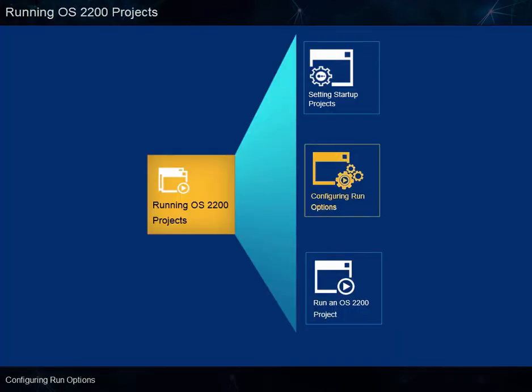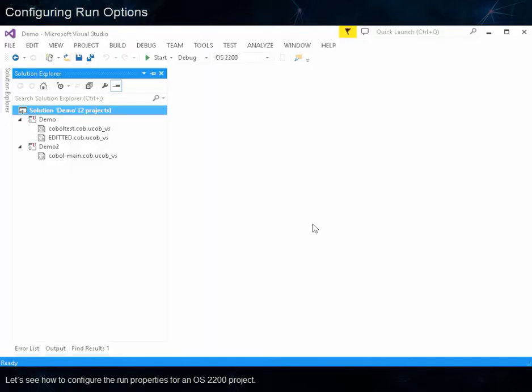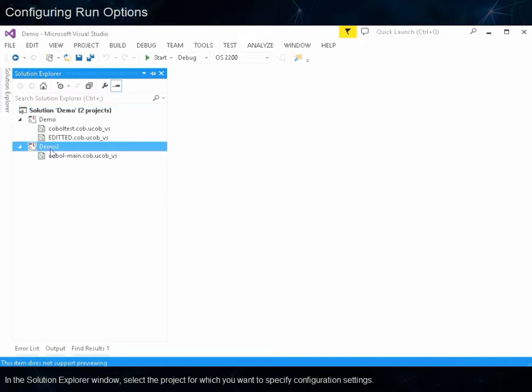Configuring Run Options. Unisys ClearPath Visual IDE allows you to configure what happens when you run an OS 2200 project. Let's see how to configure the run properties for an OS 2200 project. In the Solution Explorer window, select the project for which you want to specify configuration settings.